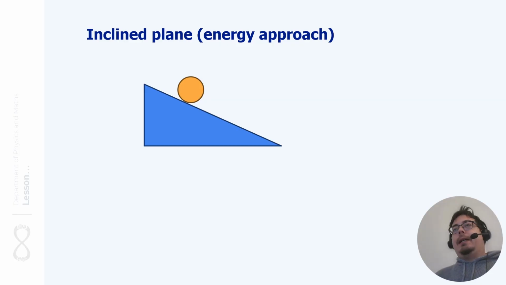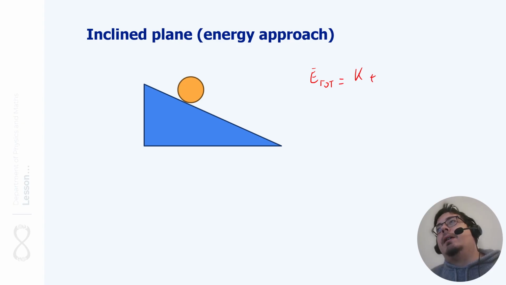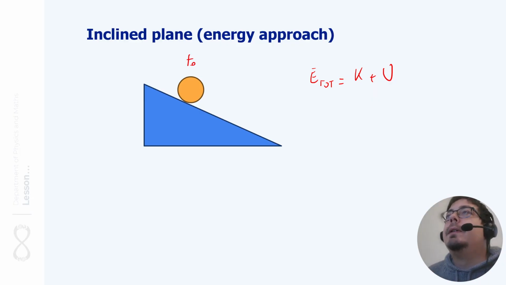Okay, let's do another example. Well, let's do the same example with another approach. We always know that the total energy can be thought of as kinetic energy plus potential energy. So there are two positions, time 0 and time 1, where the ball is after the motion, so after some time.